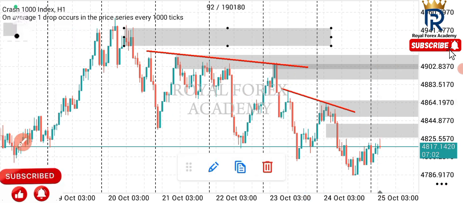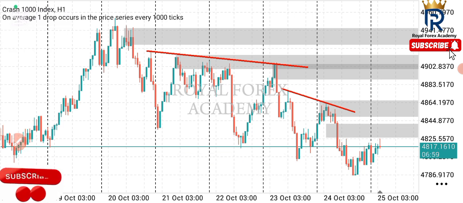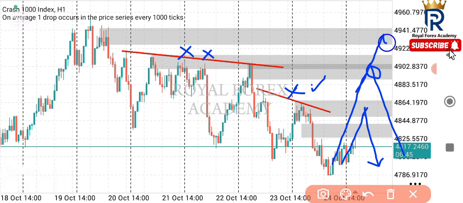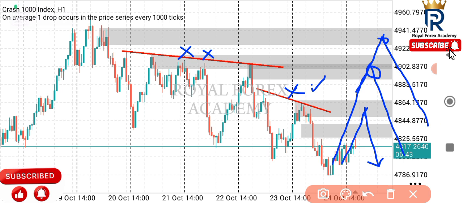However, better still, we have this other block here that has not been mitigated. So price can as well choose to leave here, take this liquidity, and also come to take away this particular liquidity. So price will now pull, take away this liquidity, come here, mitigate, and then continue back to the downside.